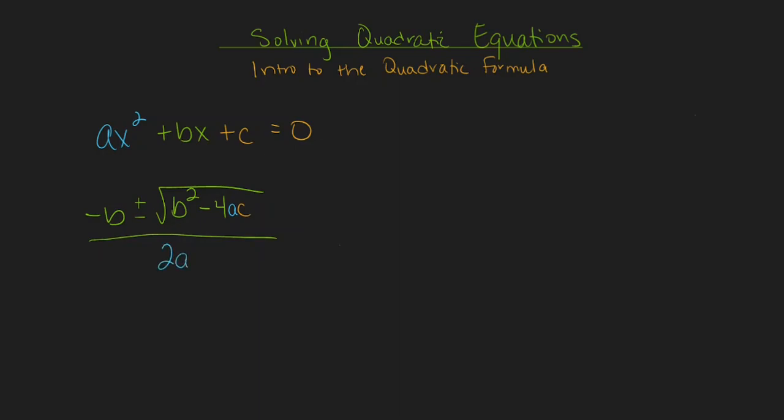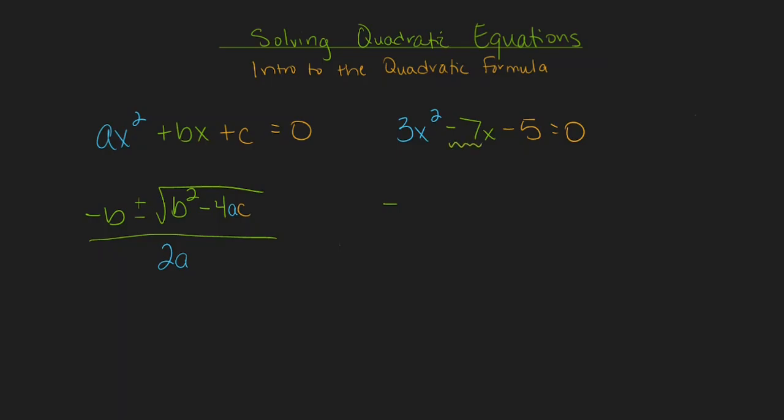So let's take a look at a situation with a real equation and see how we would plug it into the quadratic formula. All right, so if we had an equation that was 3x squared minus 7x minus 5 equals 0, we would plug that into our quadratic formula as the opposite of our b term, which is -7.